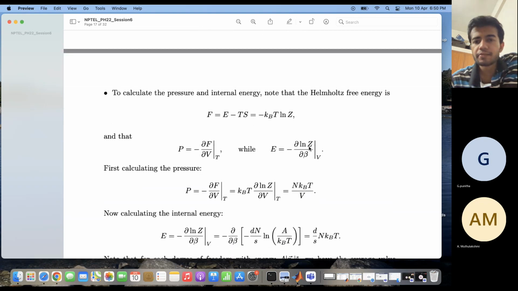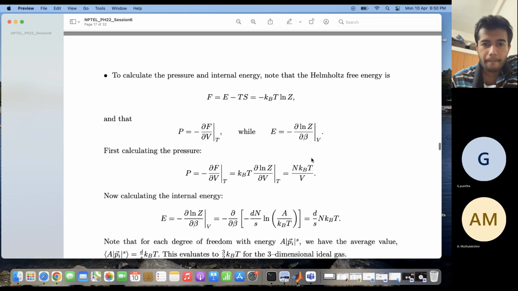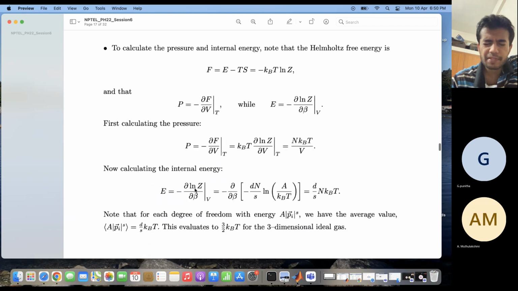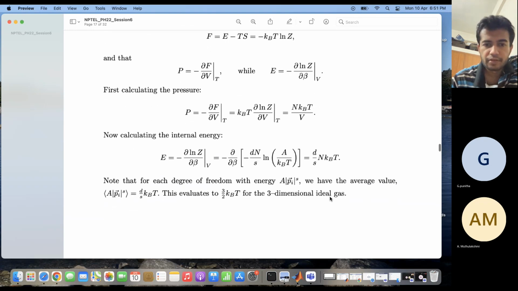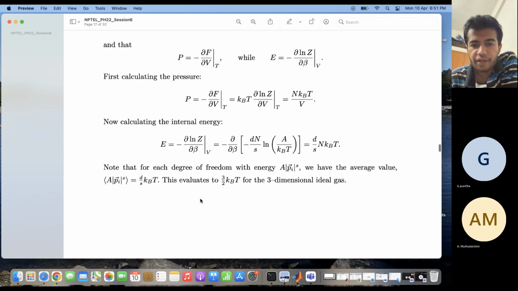And the internal energy is equal to minus of del ln Z by del beta at a constant V. Okay. So basically this is equal to d by s NkBT. So for each degree of freedom with energy A into p_i to the power s, we have the average value of energy to be equal to d by s kBT. This is total energy.